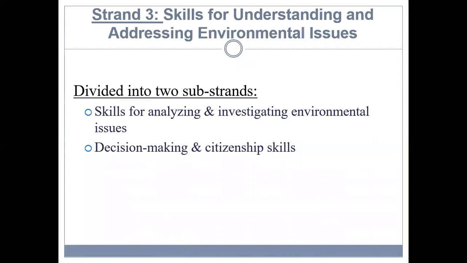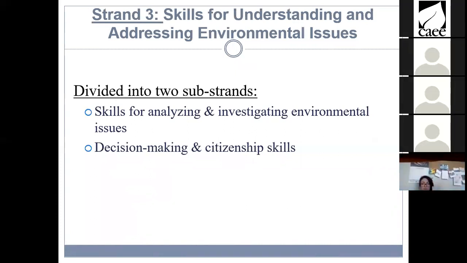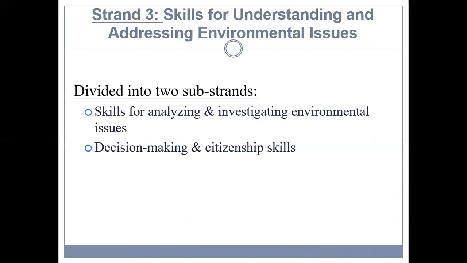Strand 3 is skills for understanding and addressing environmental issues. Now, this is one where I would caution folks to think about how you use it. I think sometimes when we think about environmental issues, we think about really controversial things like reintroducing wolves or climate change or some of these bigger issues, but you can also explore this on a really small scale.